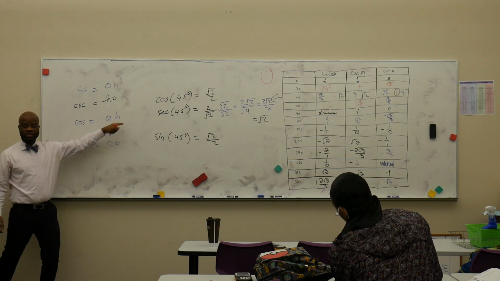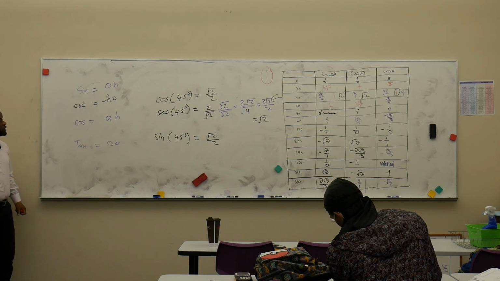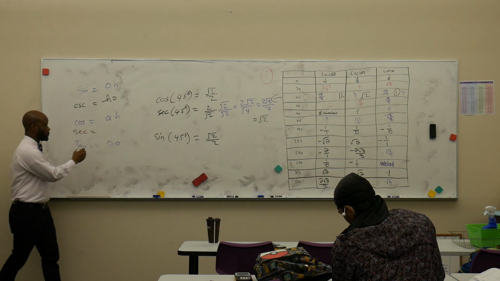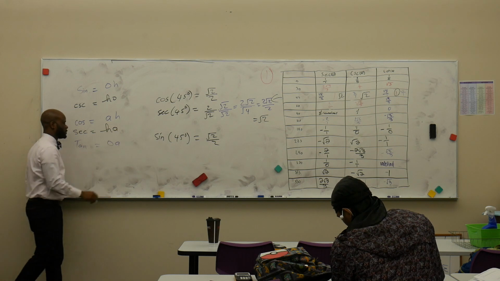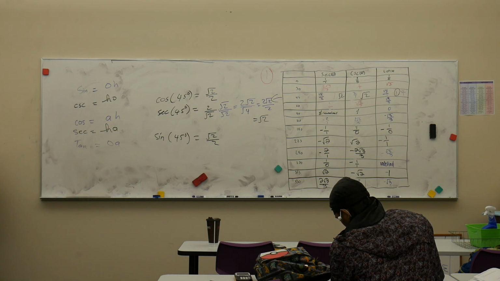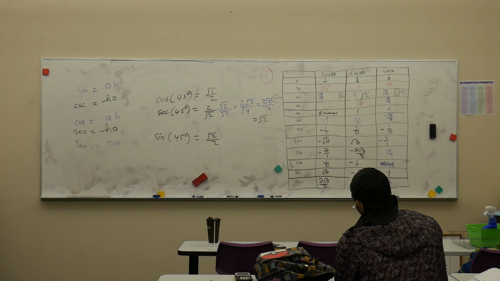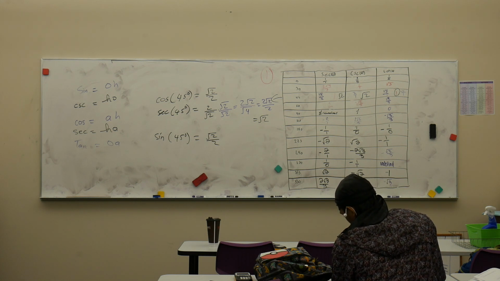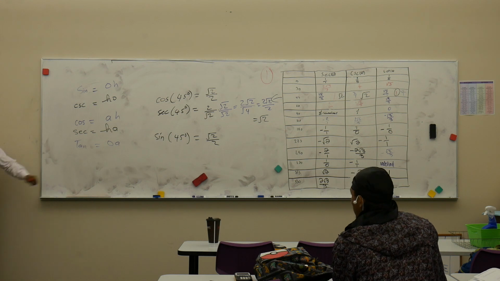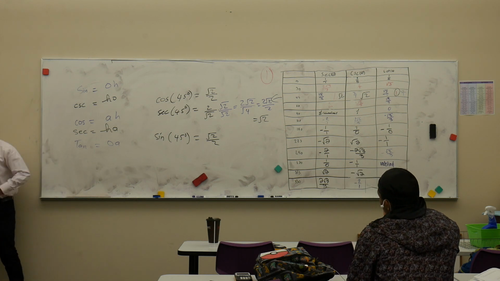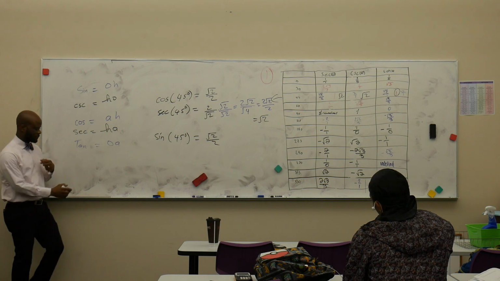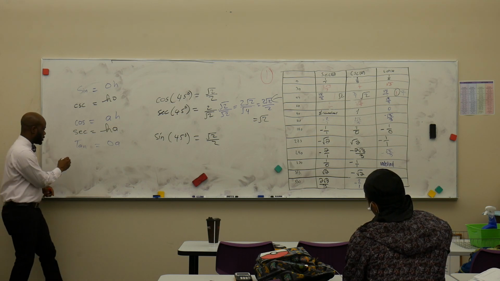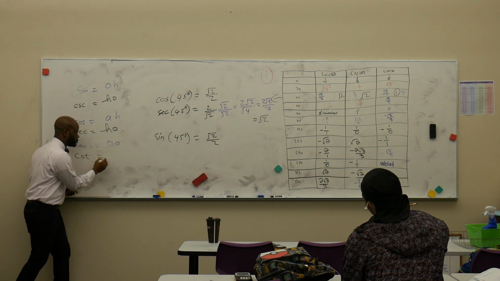If cosine is adjacent over hypotenuse, then the secant is what? Hypotenuse over adjacent. Now let's do this thing here. So if the tangent is the opposite over adjacent, then what is the cotangent?